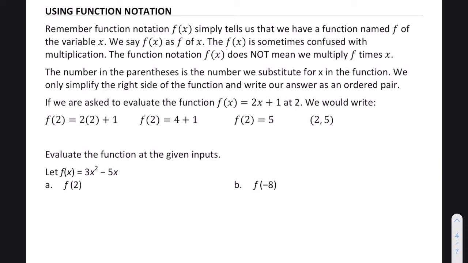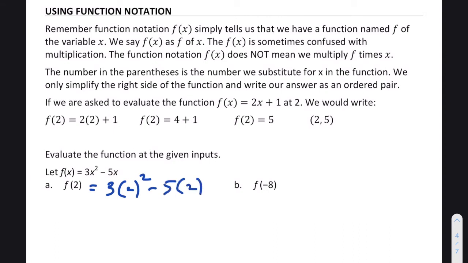Let's put this to practice a little bit. If we want to evaluate a function, it says let f of x equal 3x squared minus 5x. Well, we can evaluate that function simply by writing f of 2 is equal to, and when we have that 2 in the parentheses, that means we're going to replace the x in the function with 2. And you'll notice that I do it with parentheses, so 3 times 2 squared minus 5 times 2.